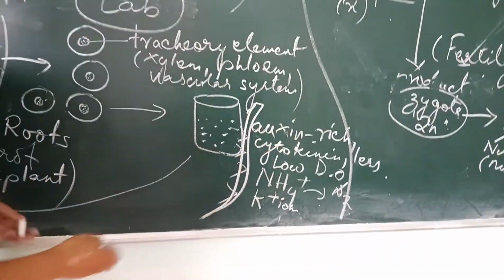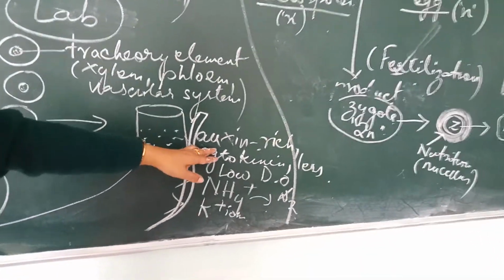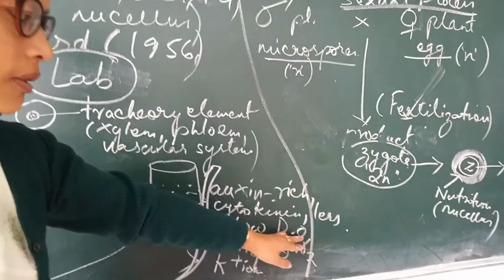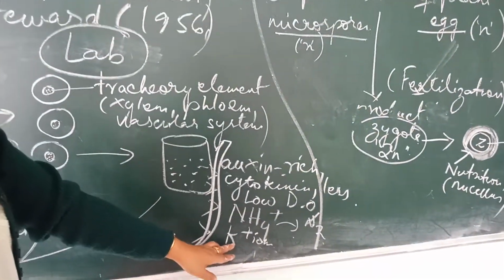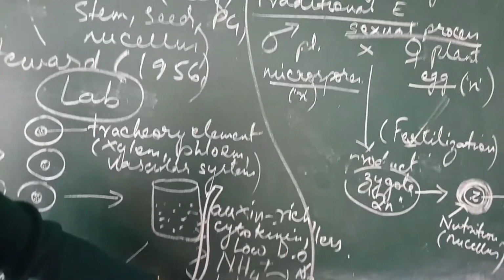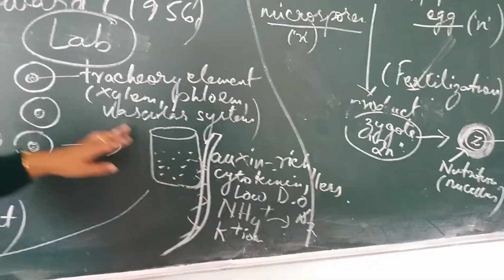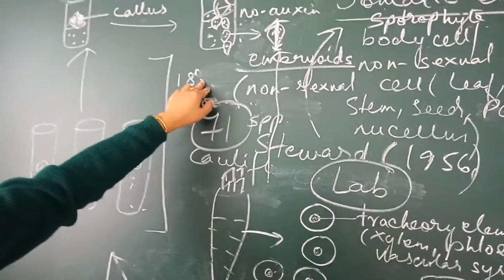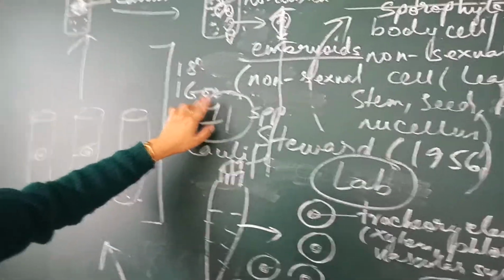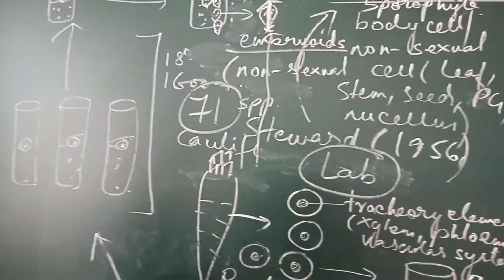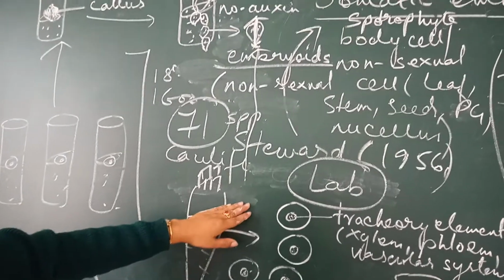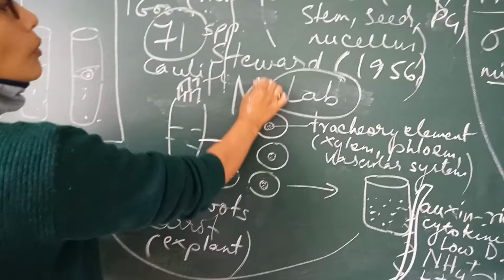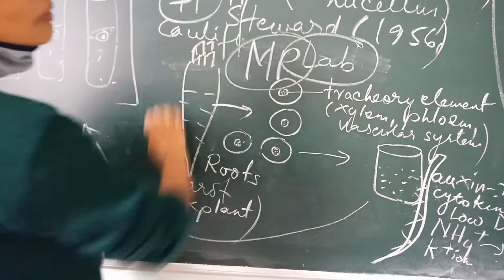And those inducing agents can be in the form of your growth hormones, oxygen, nitrogen, these mineral supplements in the form of potassium ion, and then you have to play with temperature, and play with the light intensity. Now this is one of the most important processes that could replace micropropagation in future.